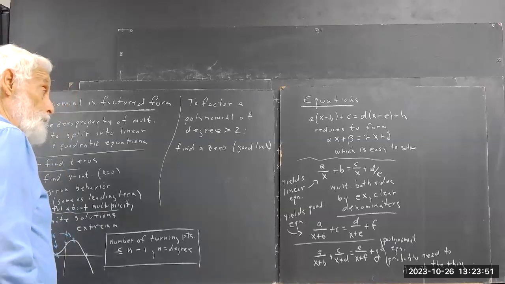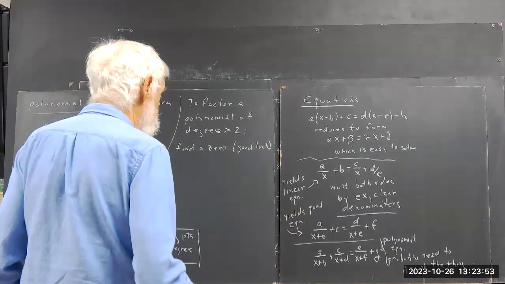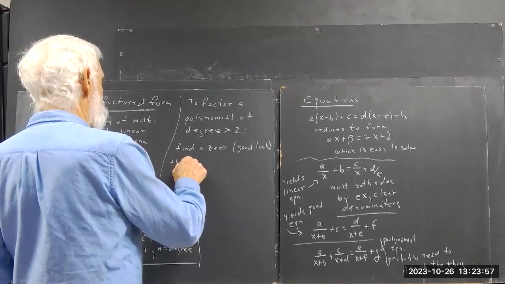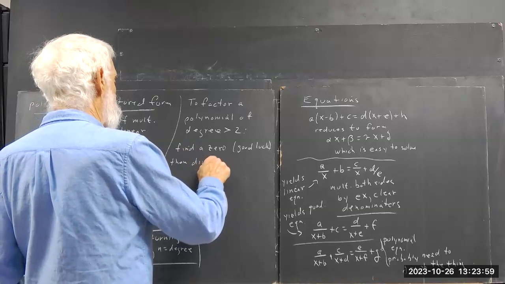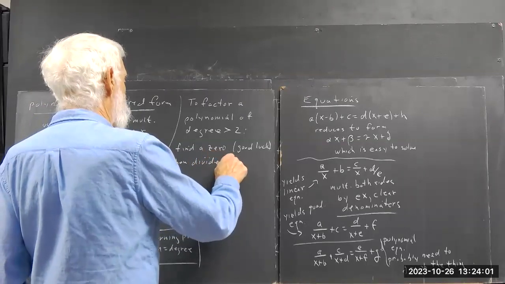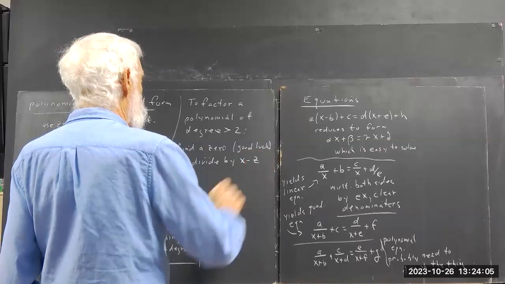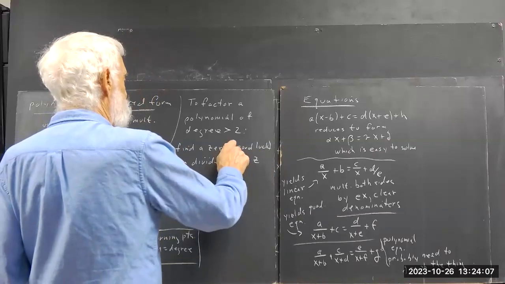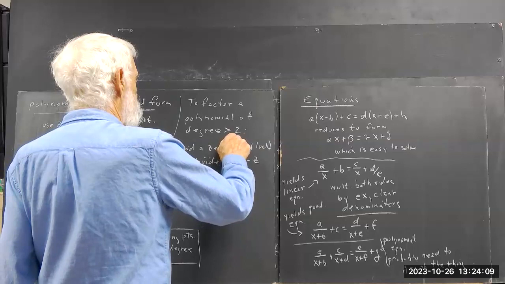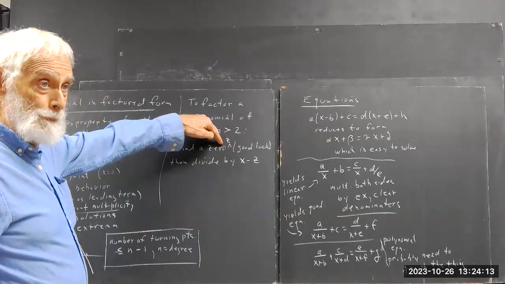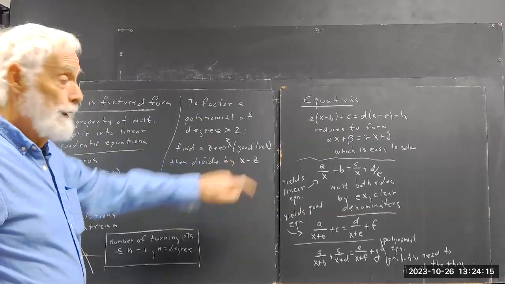But if you can find a 0, I'll say find a 0 and call the 0 z, then divide the polynomial by x minus z.